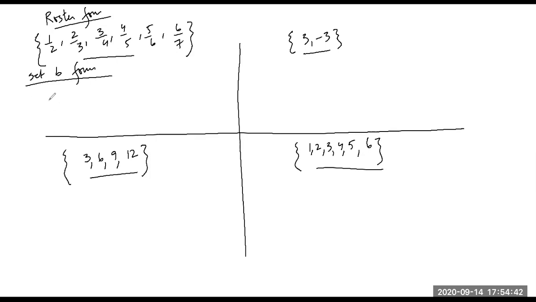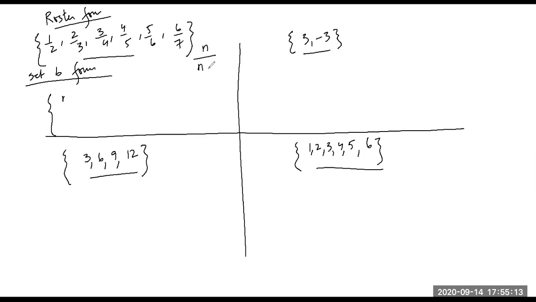So I'll simply start with braces, and I observe the pattern. The first term is 1 by 2. The knowledge of arithmetic progression and geometric progression is going to help me here. The first term is 1 by 2, then 2 by 3, 3 by 4. So it's simple. Any term, I can say, the numerator is n, the denominator is n plus 1.